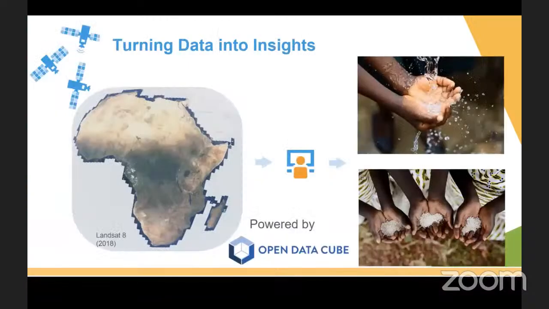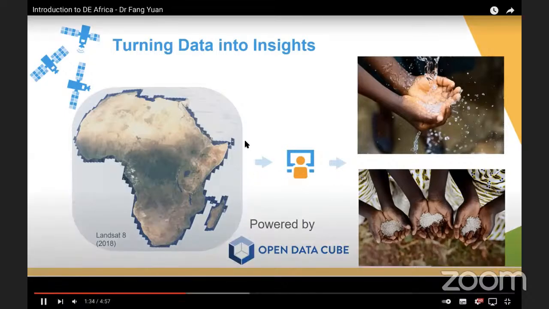Digital Earth Africa is a platform powered by Open Data Cube. We take Earth observation data taken by satellite, make it easily accessible and easily used, and we turn it into information products that can support decision making and also help address challenges faced by the African community.